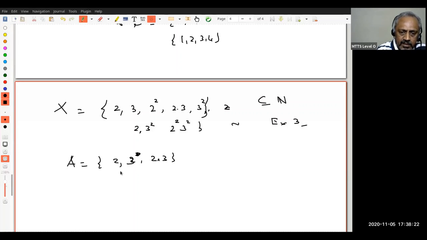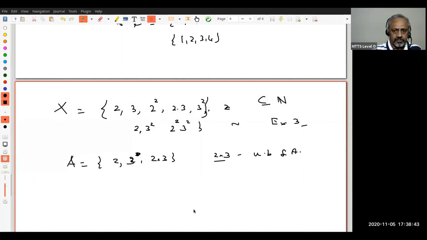Notice that there is an upper bound here itself, namely 2 times 3. 2 times 3 is an upper bound for the set A, because 2 divides 2 times 3, 3 divides 2 times 3, and 2 times 3 divides 2 times 3. Therefore, this is an upper bound for A.